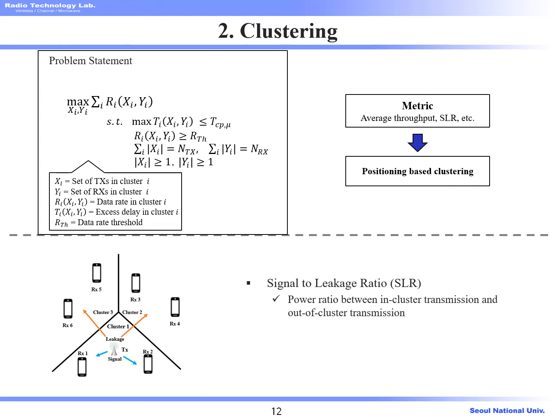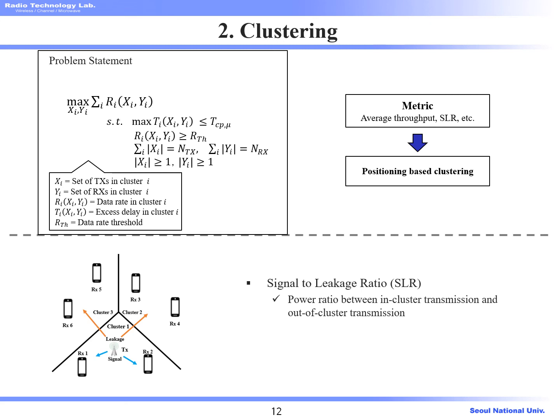However, there are more metrics to consider other than distance for antenna clustering, such as the average throughput of the overall system, as well as the signal to leakage ratio, which is the power ratio between the in-cluster transmission and the out-of-cluster transmission, as the out-of-cluster transmission is considered as interference for all of the nearby clusters.